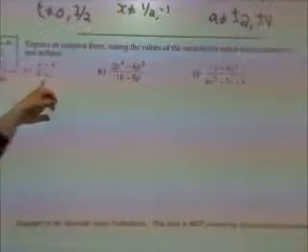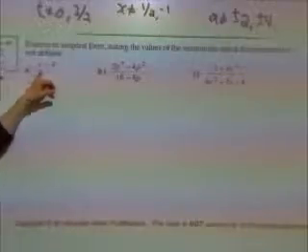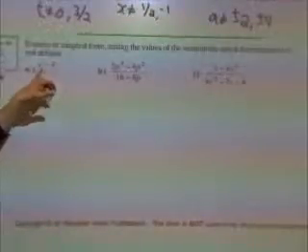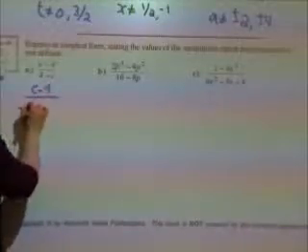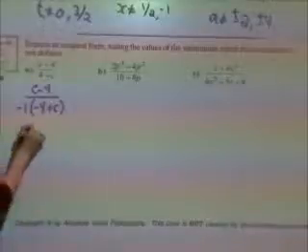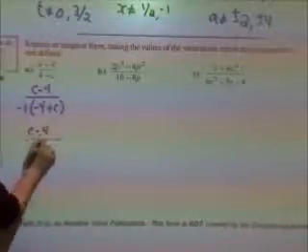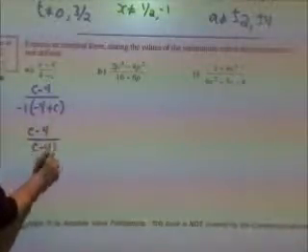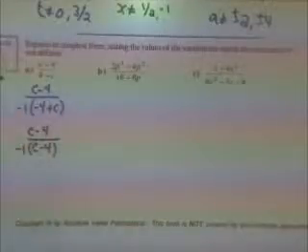So is there anything that I could do to the bottom to make this a positive c and this a negative 4? I could factor out a negative 1. If I took out a negative 1, I get my negative 4 and my positive c, which I guess I could rewrite now as a c minus 4 with the negative 1 on the outside.